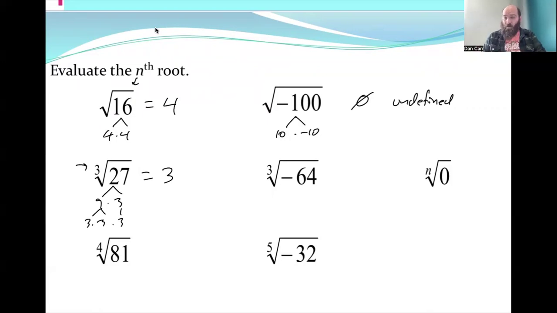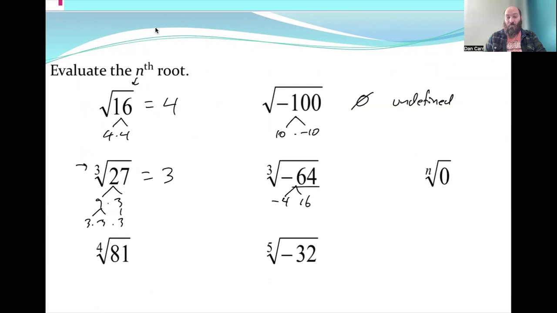Here's where things might be a little weird. What number times itself 3 times gives me negative 64? Let me do this differently. Let's do negative 4 times positive 16.